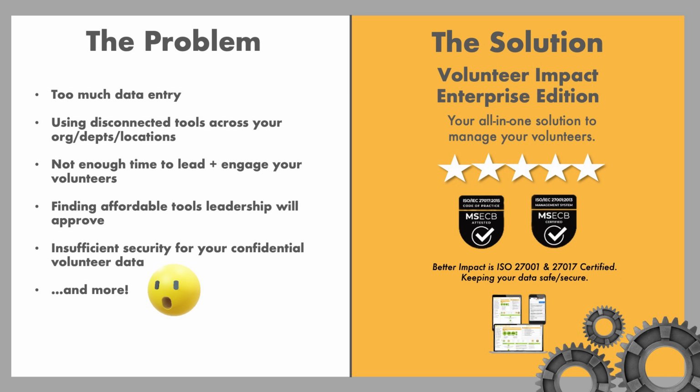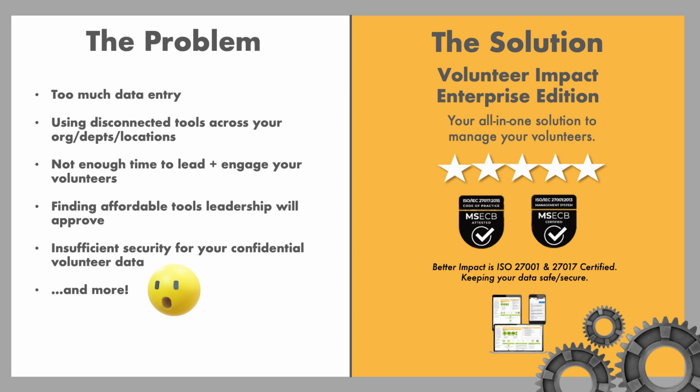Finding affordable tools leadership will approve. We understand that the approval process can be a lengthy, detailed process. Sometimes you're involving your IT team, your board, your management. We totally understand that process. And of course, we're here to help manage that and make that process easy for you and provide all the information.